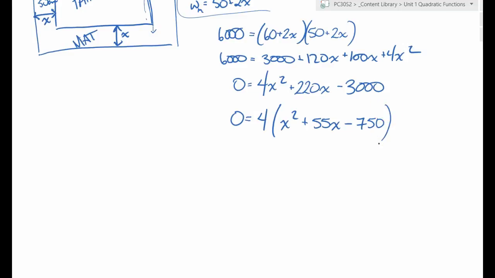Okay, from there I could try and factor this. So 750, my factor pairs are 1 and 750, 2 and 375, 3 and 250. I'm going to have to find a difference of 55 if I'm working with this. Maybe 5.